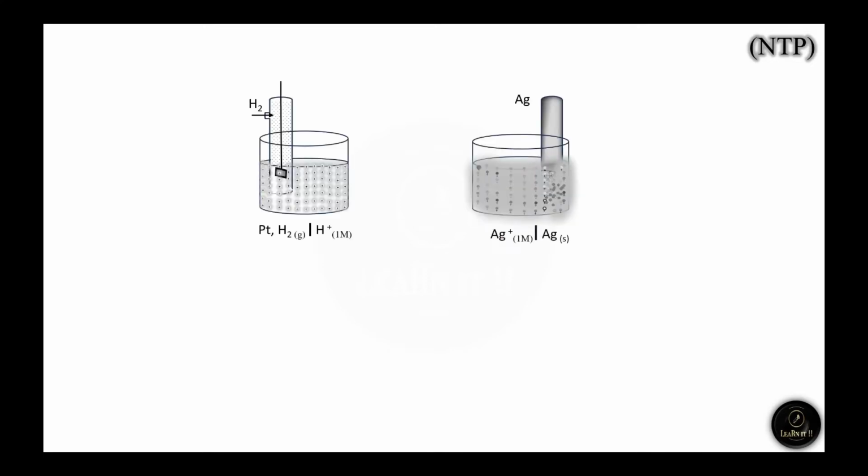Similarly, when we take the hydrogen electrode and connect it with the silver electrode, here we are going to connect hydrogen, that is the platinum wire, with the silver. In between them, a voltmeter is placed and the solutions are not in contact, so we introduce the salt bridge.